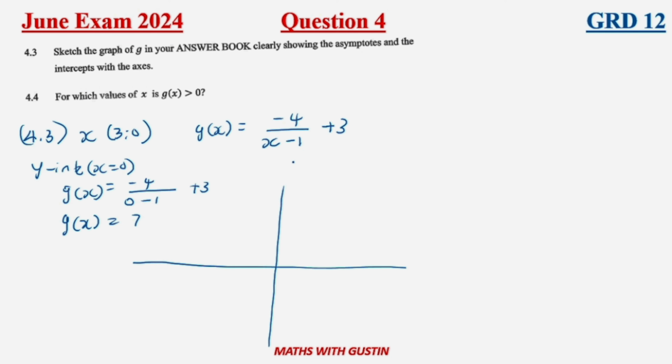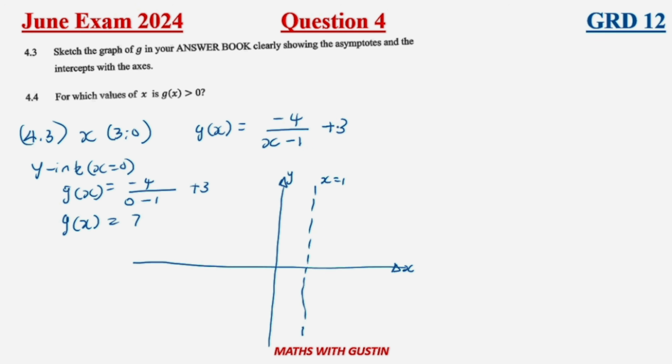Lines of asymptotes will be x is equal to 1. So this is the line the graph won't touch. So x is equal to 1 is here. This is x is equal to 1. This is our y, and then this is our x-axis, and therefore our y is equal to 3. No, I made a mistake here.